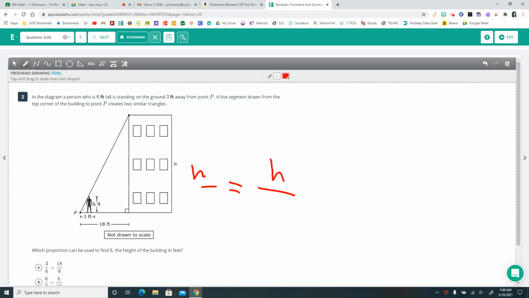And then you can match it with the 3 feet to the 18 feet. Okay. So make sure that you go ahead and figure out which equation is going to be the best answer.